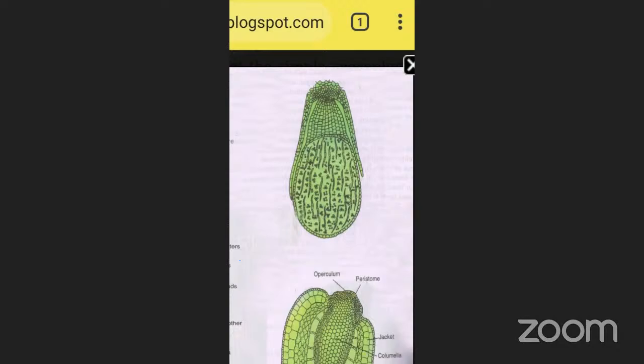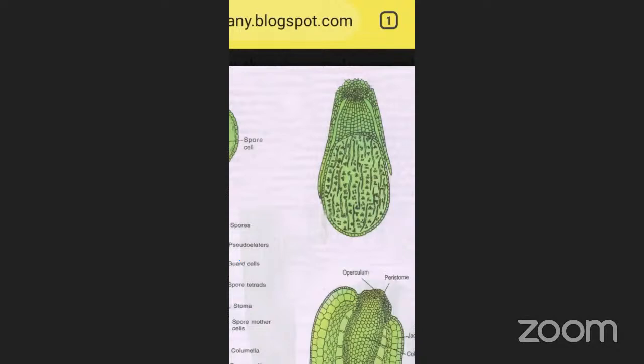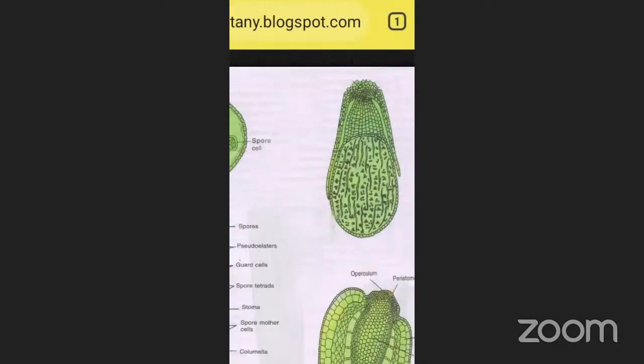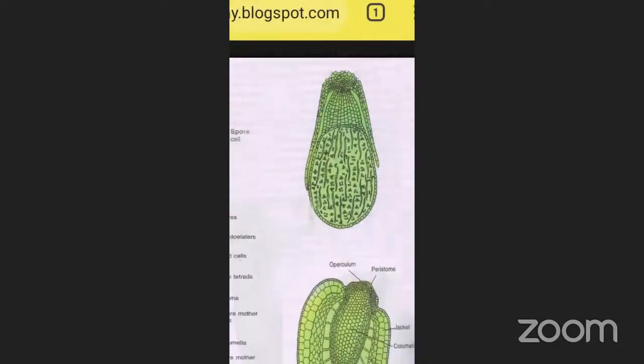Sterilized tissues are developed gradually. Compared to Riccia, here in Marchantia some sterile tissues are gradually developed.